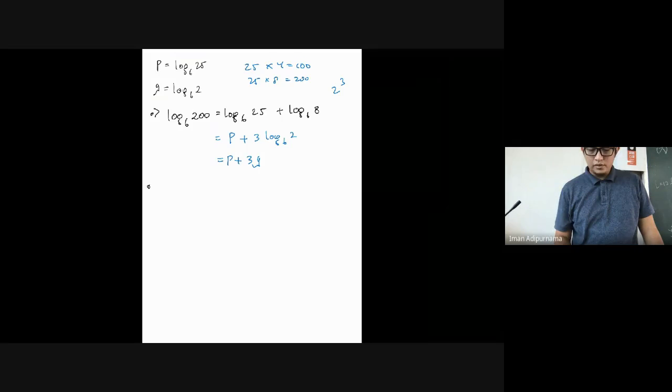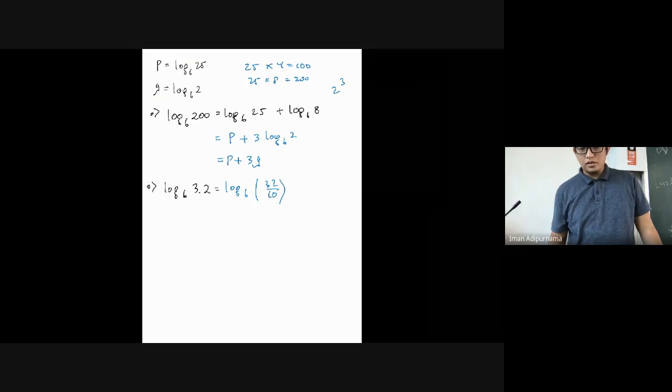Okay, and then number 2, log 6 of 3.2. I can write this as log 6, writing it as a fraction. Let's make a smaller fraction, with smaller numbers. So let's divide by 2, 16 and 5, right?